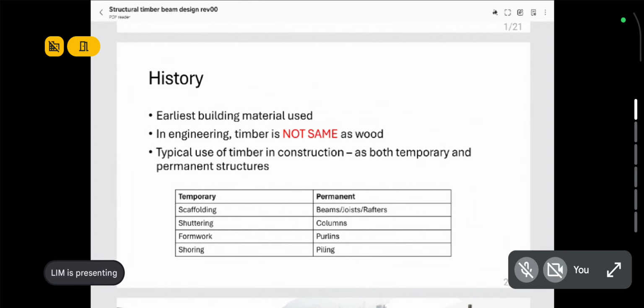And shoring. You can also use timber for permanent structures, so you can use it as a beam, as a column, as a door purlin, and even for pile foundations.